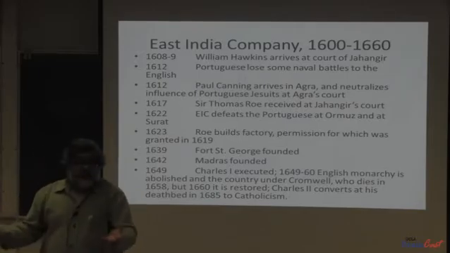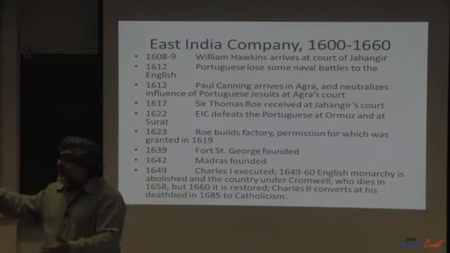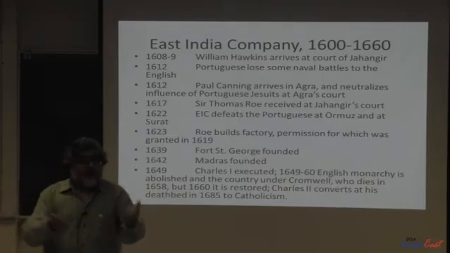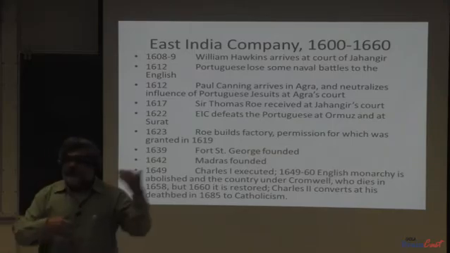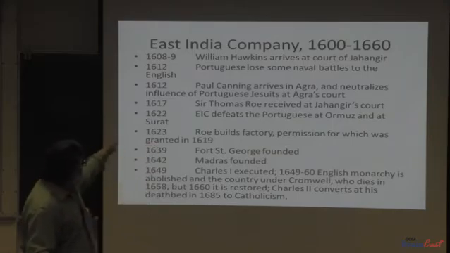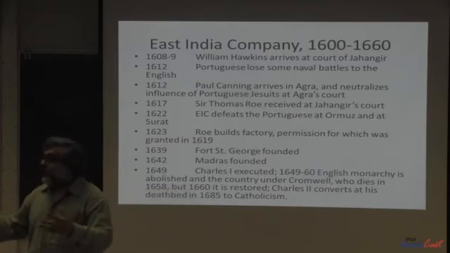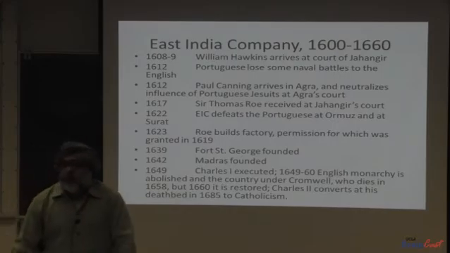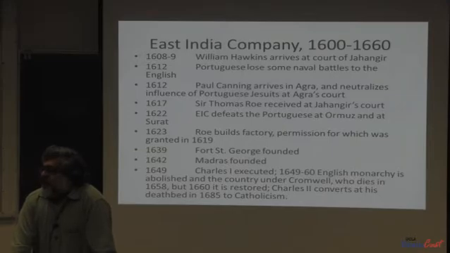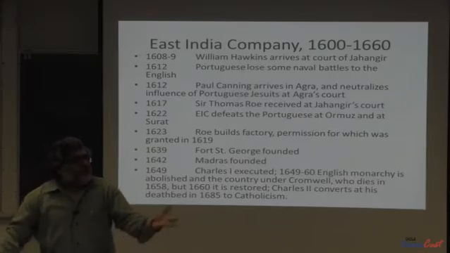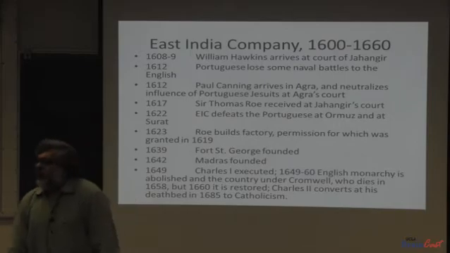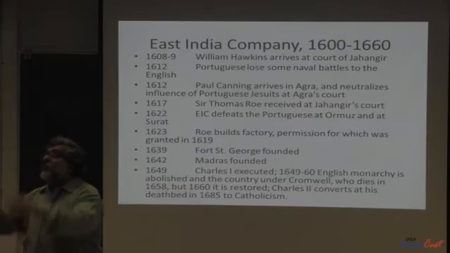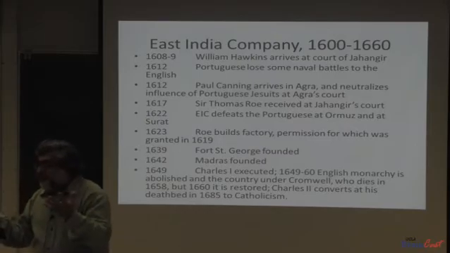The Tamilian and the person from Orissa both speak languages that are not the language of the Mughal Emperor. Hawkins and then Sir Thomas Roe, in 1617, who receives an audience at the court, is the ambassador sent by James I to the Mughal Emperor's court. The question, let me rephrase it, is: were the English much more foreign than other kinds of Indians to the Mughal Emperor? You could put it that way.